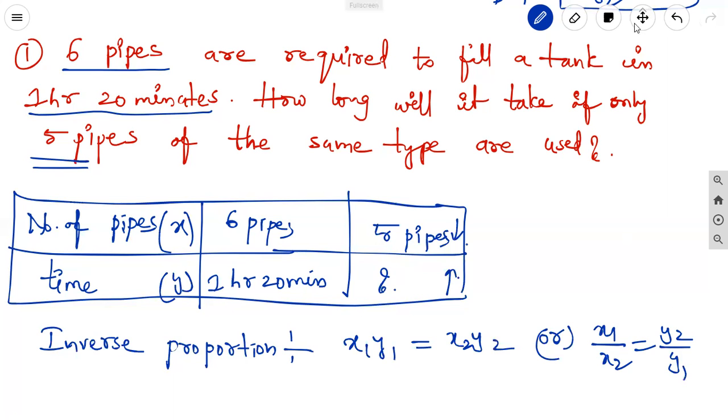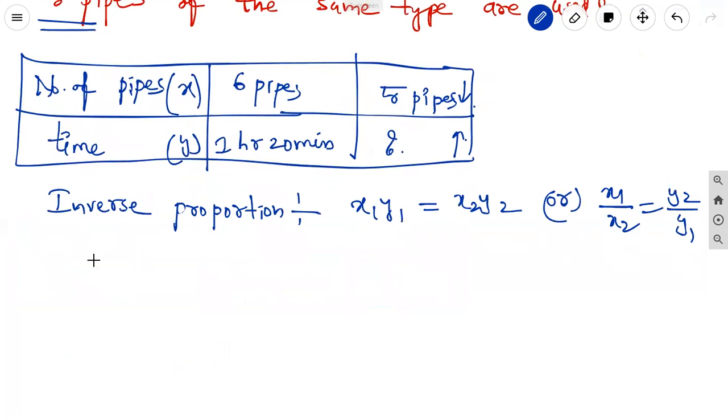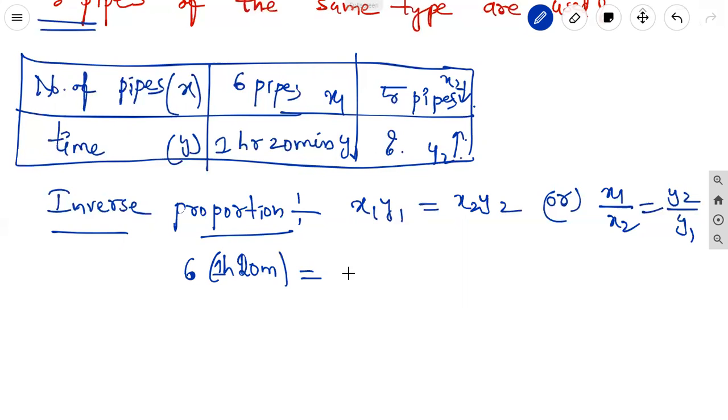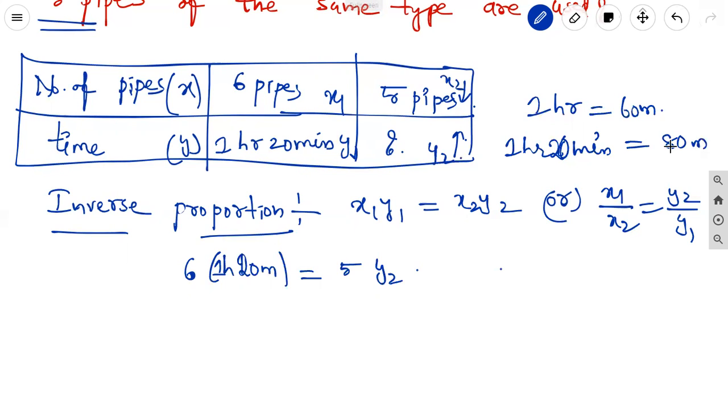Substituting: x1 is 6, y1 is 1 hour 20 minutes, x2 is 5 pipes, and y2 is the time. We know 1 hour equals 60 minutes, so 1 hour 20 minutes is 80 minutes.